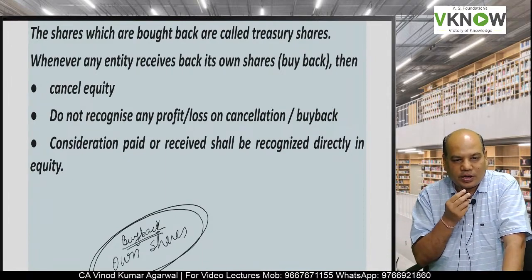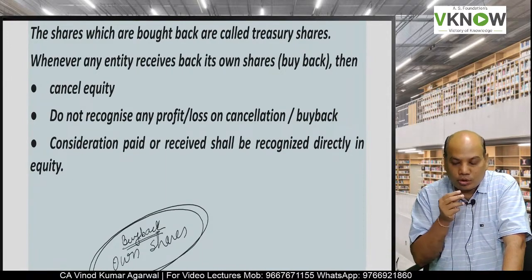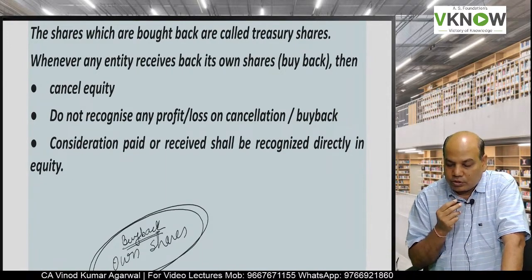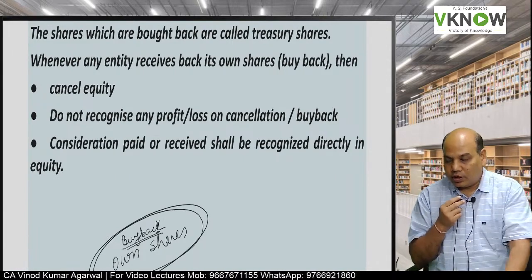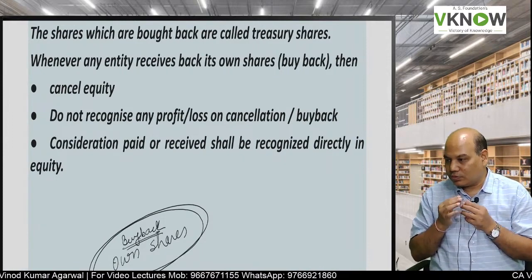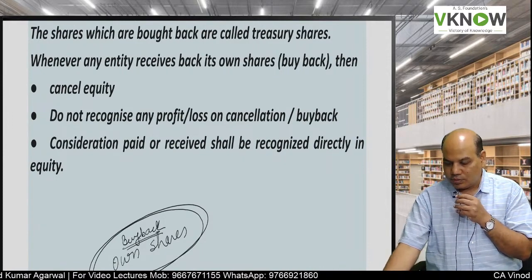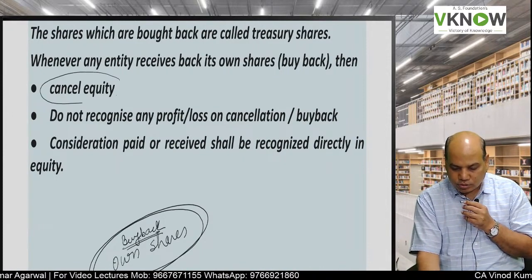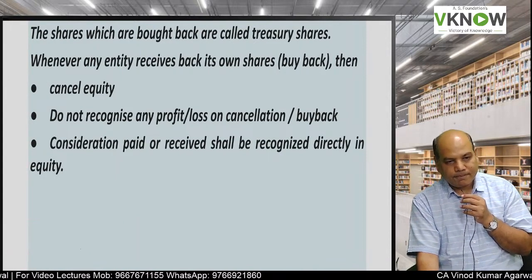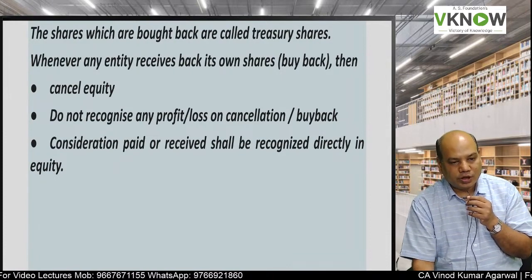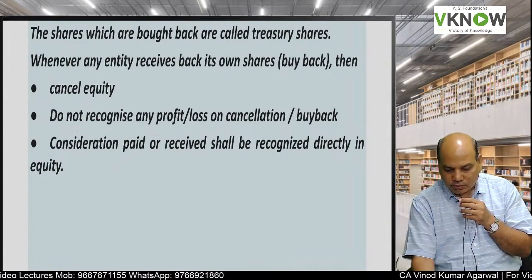In some countries, they allow you to hold your own shares also. So the shares which are bought back are called treasury shares. Whenever an entity receives or buys back its own shares, the accounting treatment is that we will cancel the equity. It is cancellation of equity, reducing your equity.